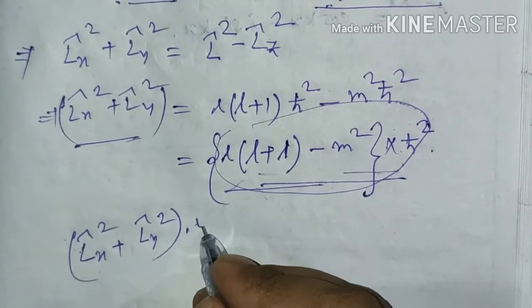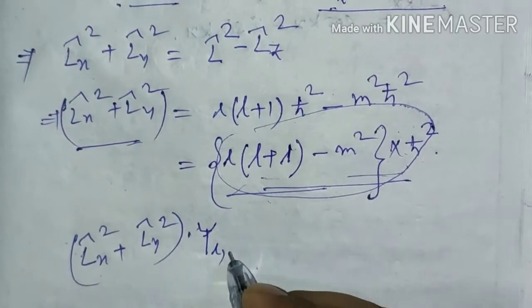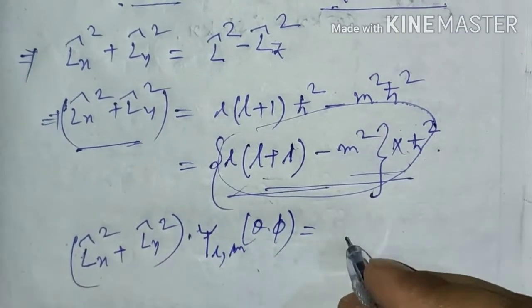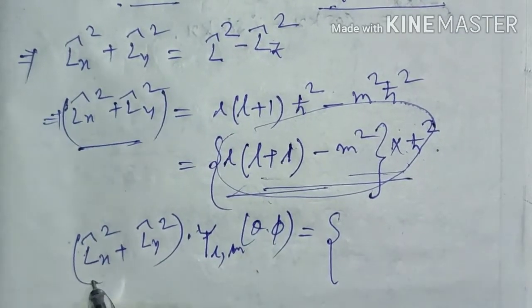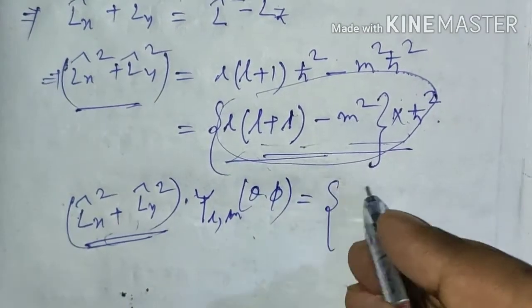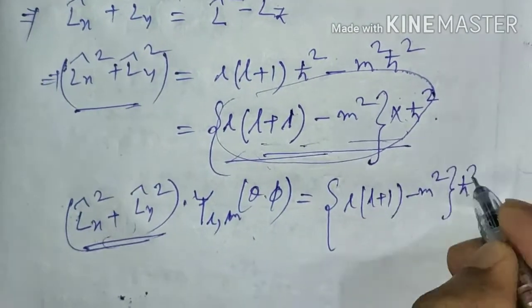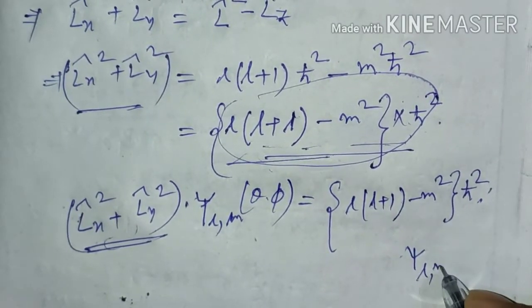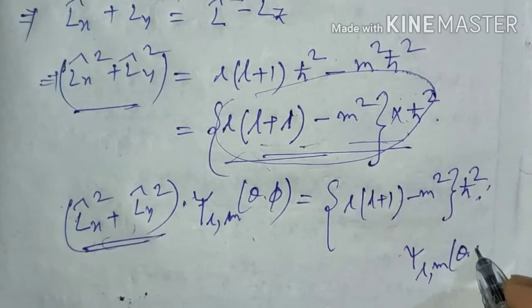If we operate on psi l m theta phi, we can put in place of Lx square plus Ly square this value into psi l m theta phi.